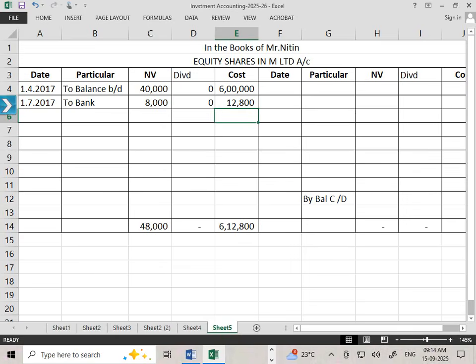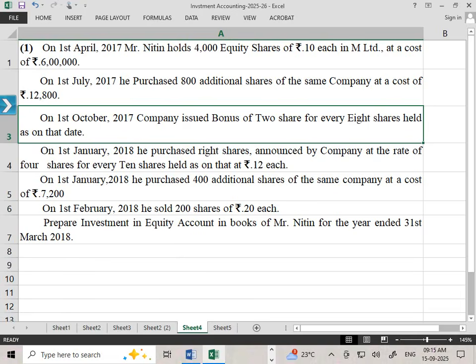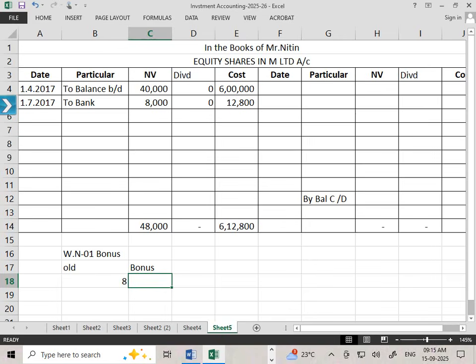So first of all we will write working note number 1, bonus. If you hold 8 old shares, then you will get 2 shares as a bonus.